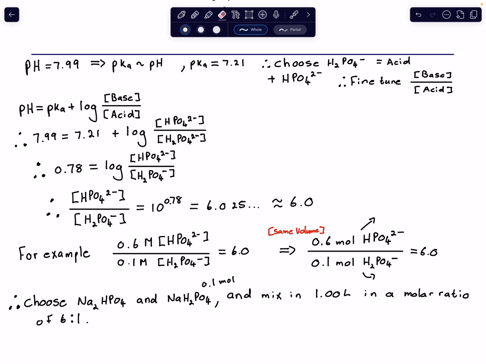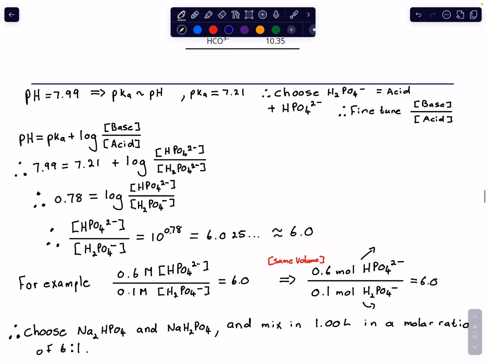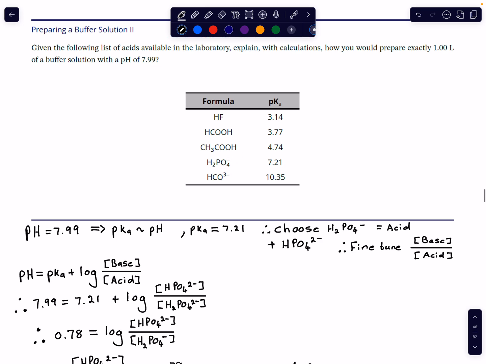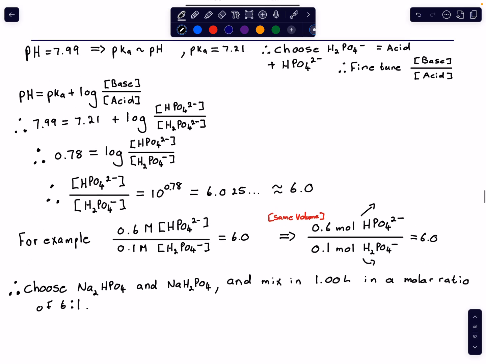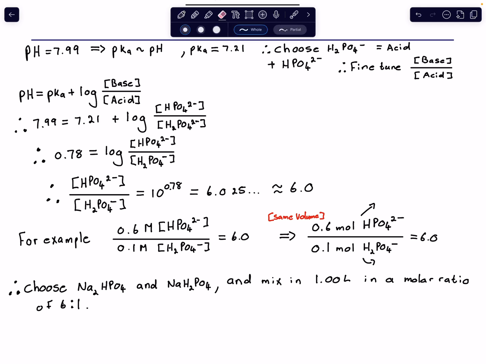You can calculate the masses if the question specified that. It didn't, so we can leave it in the sense that you just need a molar ratio of 6 to 1. I'm quite certain from the number of moles you are capable of calculating the masses of the species.